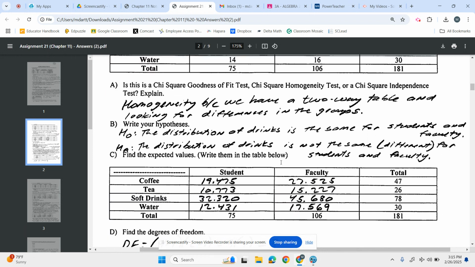Okay? Now the expected counts are done a little bit differently on these right here. Here's what they are, but let's talk about how to find them. What you do is you take the total number of students, which is 75, and you multiply it by each ratio. So like 47 over 181, 26 over 181, 78 over 181, 38 over 181. So I'm going to show you how I calculated this 19.47 number.